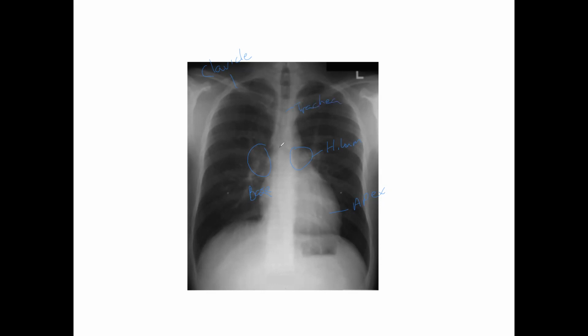You should be able to make out the carina. The carina is going to be a little triangular item that gets made at the bifurcation of the left and the right mainstem bronchus from the trachea. So this is the carina. This dome-shaped object right here, in this particular case, would be your right hemidiaphragm.